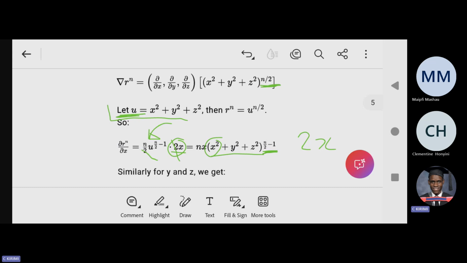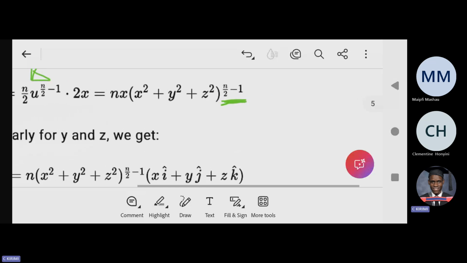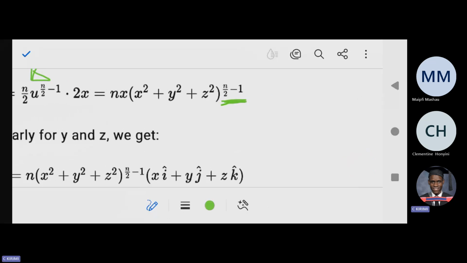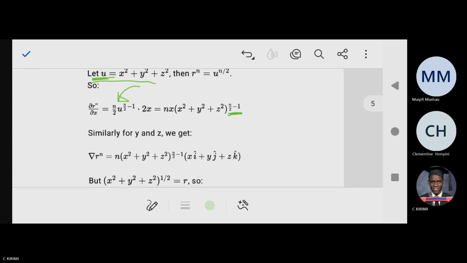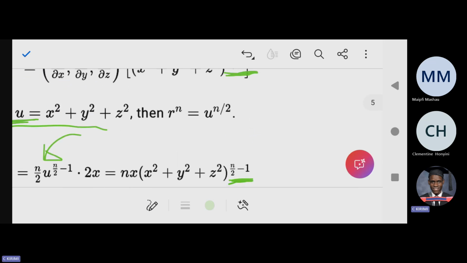Let's use the alternative method. From here, we are differentiating with respect to x, which means our partial r to the power n.